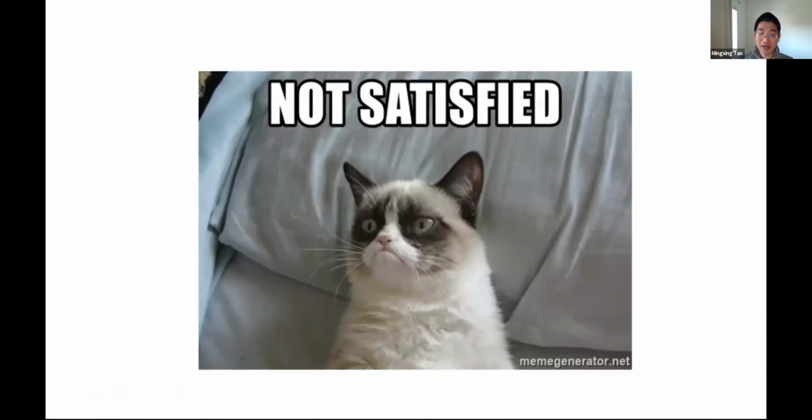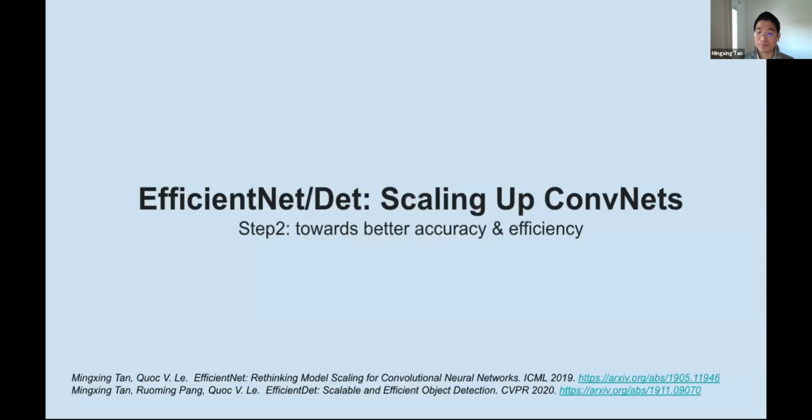We, as AutoML researchers, not only wanted to design small compact models, we also wanted to design better, high accuracy, state-of-the-art models, right? So how can we do that? Well, a simple intuition is you can design a super huge search space and then apply the same search algorithm and try to search for a better model in this huge search space.